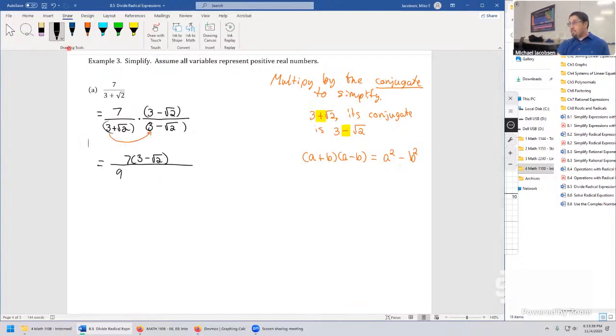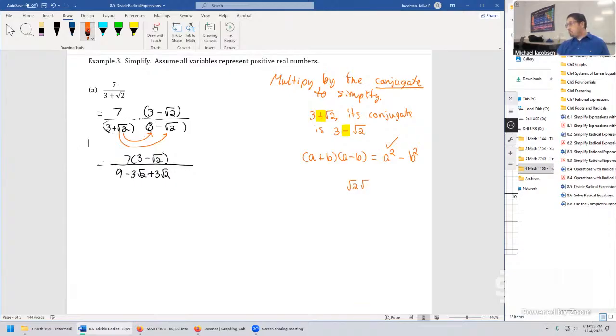3 times 3 gives us the 9. That's the a squared portion right here. Then you take 3 times negative root 2, so that's going to be a minus 3 root 2. Next, take root 2 times 3. That's going to be a positive 3 root 2. And finally, root 2 times root 2, this is the concept from section 8.4. A square root times itself just gives you back the radicand.